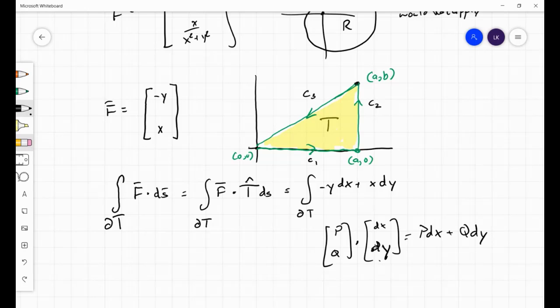Okay, so according to Green's theorem, this is the same as the double integral over that triangular region. And we take the derivative of, so remember, P is the thing that multiplies dx, Q is the thing that multiplies dy.